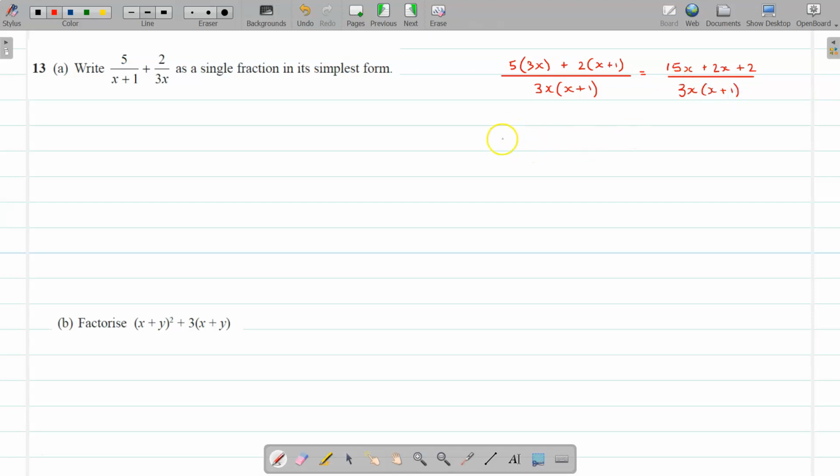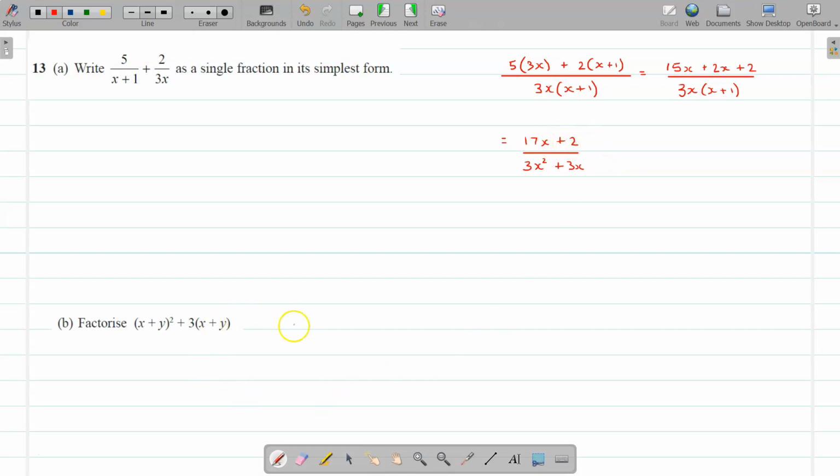And then I'm going to write that as 17x plus 2 over that. Well, there's no factorizing, so normally we multiply out the bracket. Okay, you don't have to do that. I think you can leave it as it is there, and it would be giving you full marks, but I'm going to put 3x squared plus 3x. Okay, so the denominator could be that or that. The numerator needs to be simplified as I've done here.